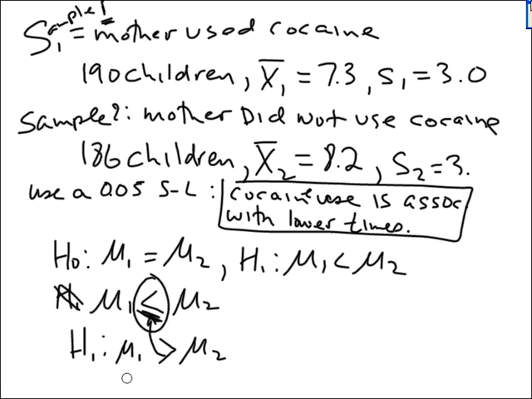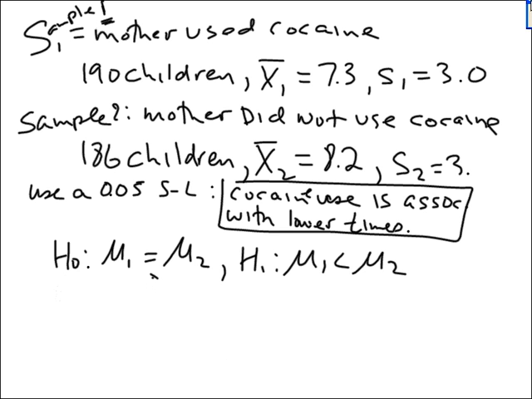Okay, we went over that in the past. So we have the claim listed, it's in the box. We have the null hypothesis stated, mu1 equals mu2, and we have the alternative hypothesis tested. So now, of course, we go and we find the test statistic.